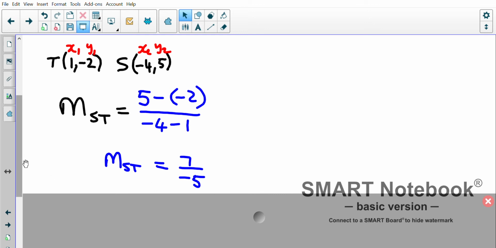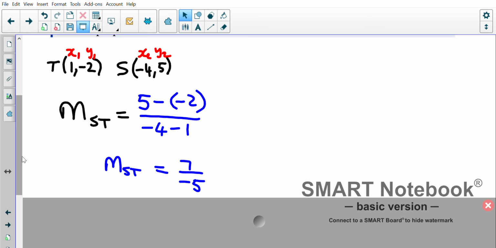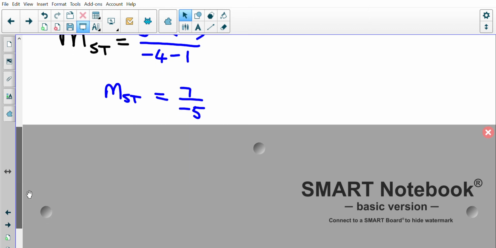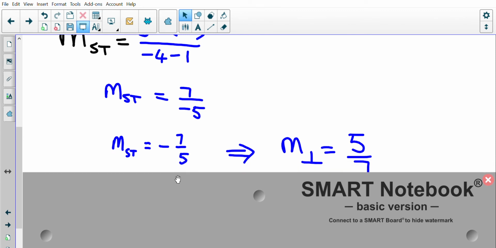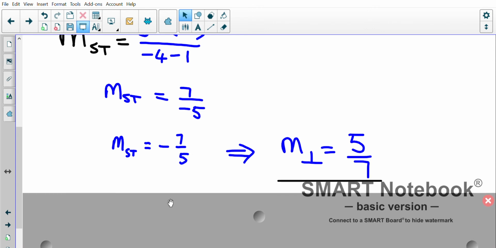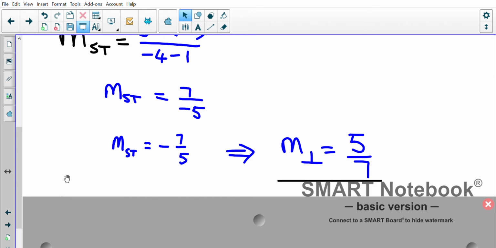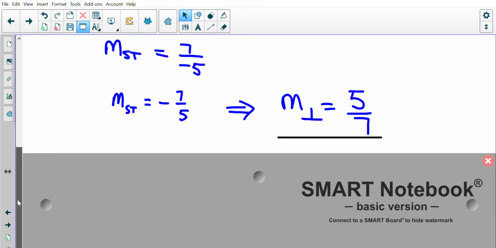We want a line perpendicular to that, so we're going to have to do some of the things we just did in the last slide. We know that ST is -7/5. We have to flip it upside down, so the 5 goes on the top and the 7 goes on the bottom. And we need to change the sign from a negative to a positive.